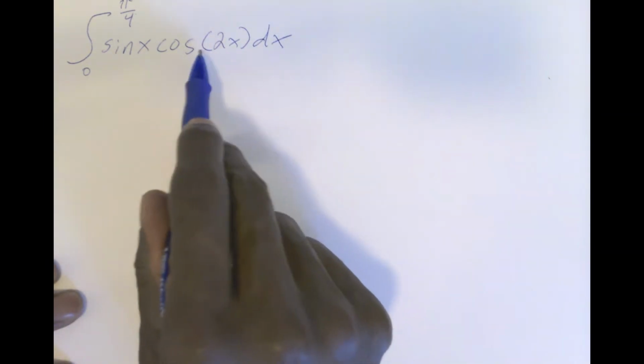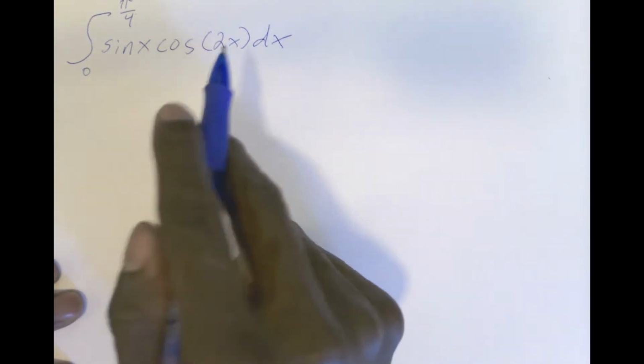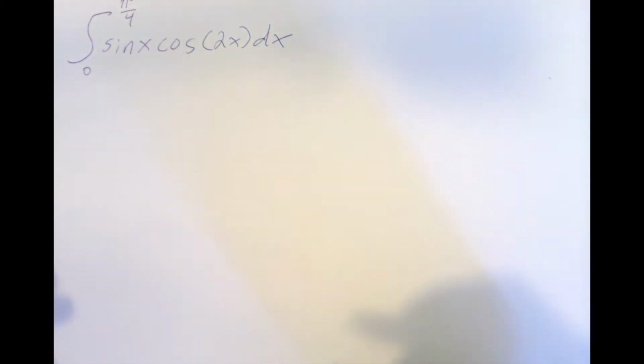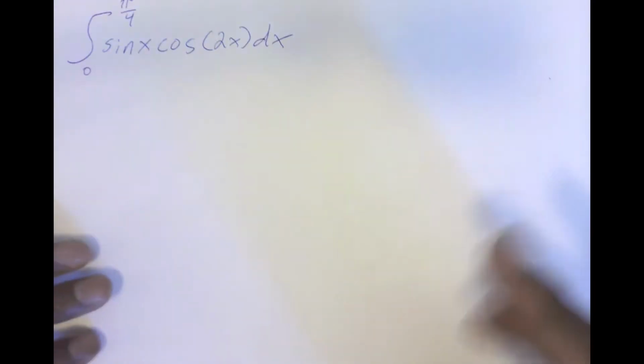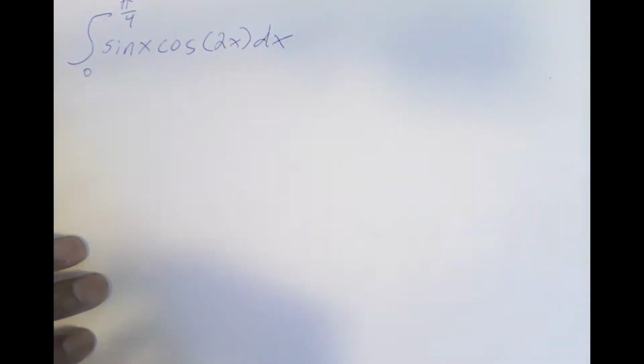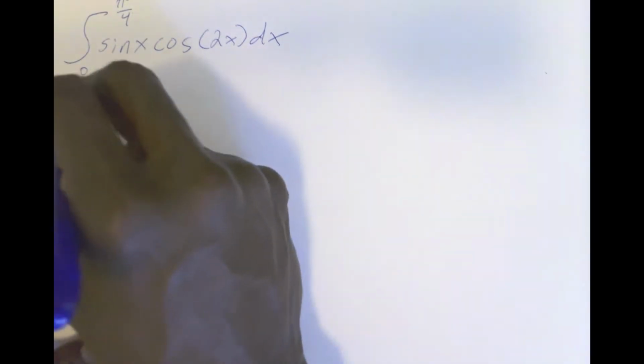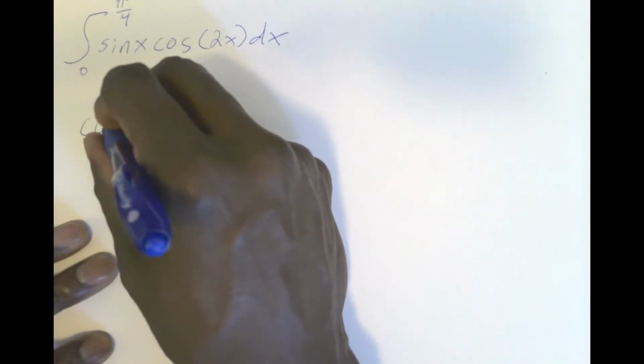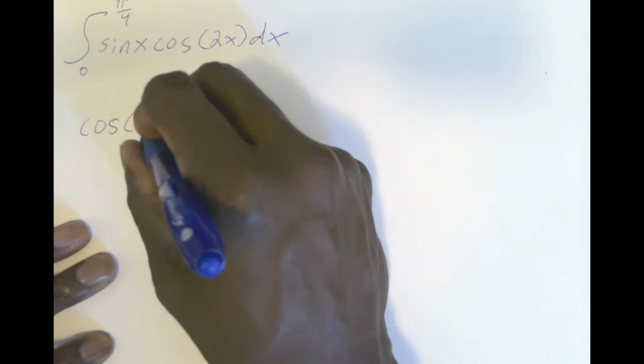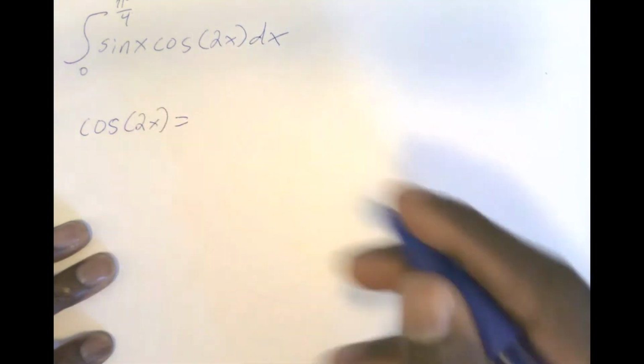So I decided to manipulate this cosine 2x to get it to where I have cosine and sine with just x and not 2x. If you use the cosine sum identity, the cosine of a plus b is cosine a times cosine b minus sine a times sine b.